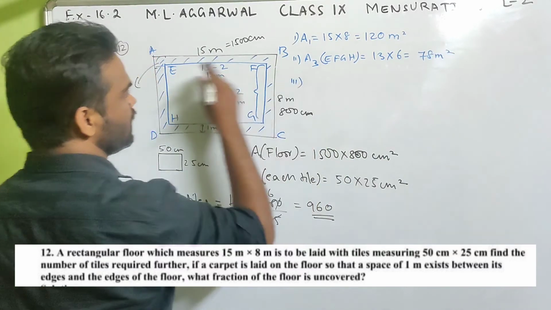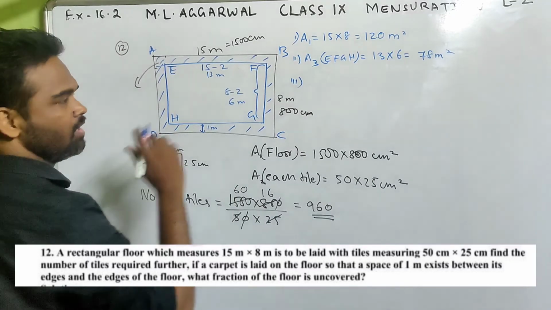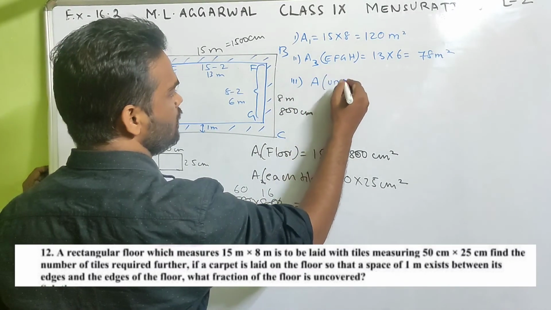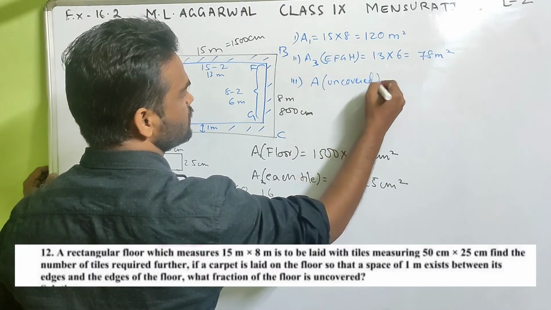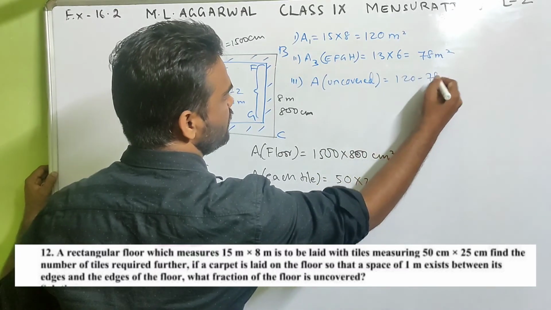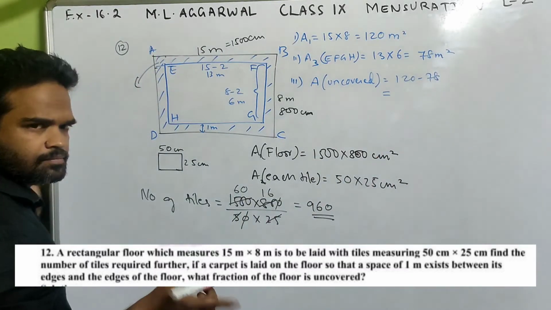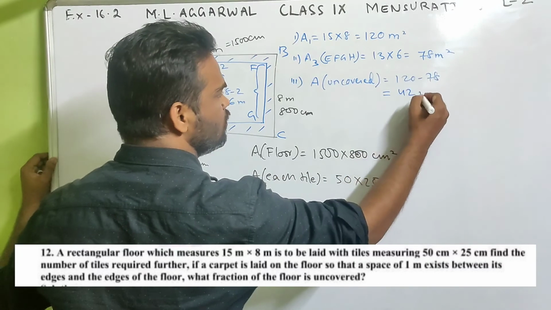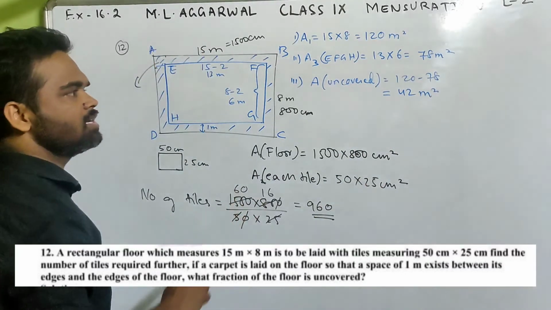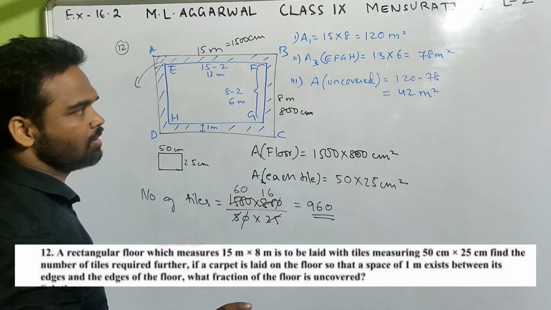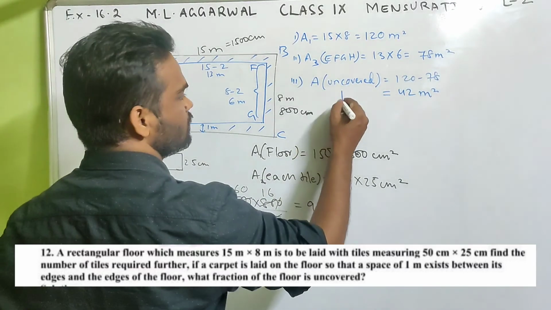So if you look carefully, area of uncovered region is 120 minus 78, isn't it? That's 42 meters square. This much area is not covered. Am I correct or not? Now fraction if you want to find.